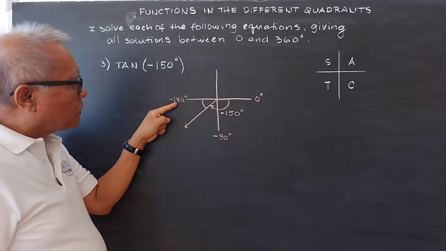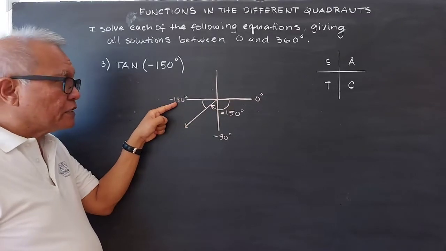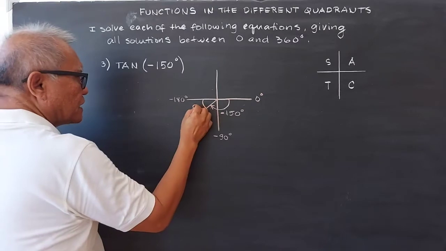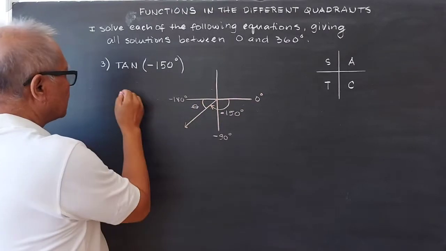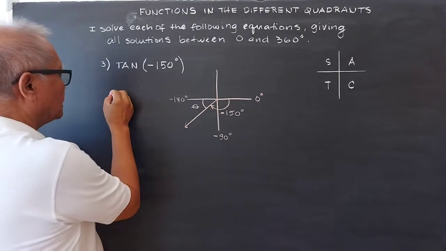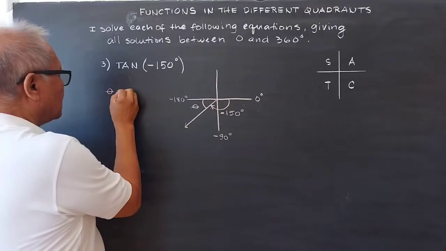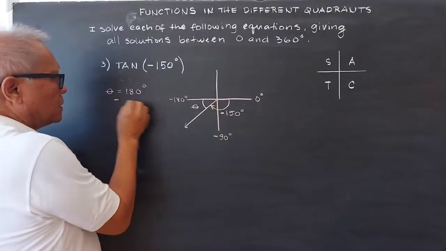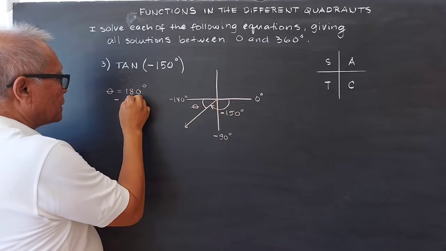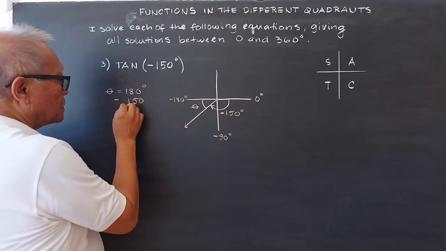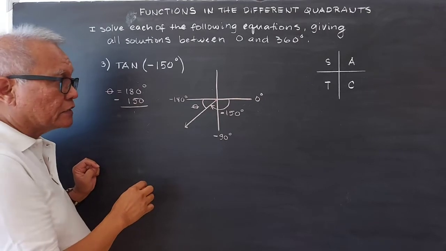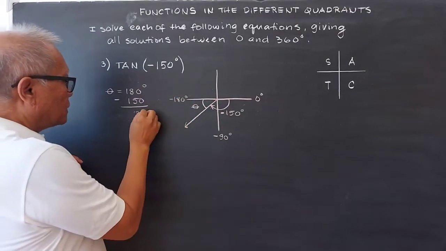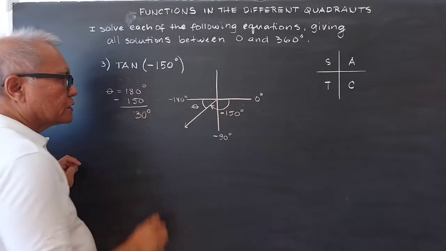That one is 180 degrees minus that 150. So this one is our angle theta. The related acute angle theta is equal to 180 degrees minus that 150. Just forget the signs. I'm just computing for the acute angle here, which is 30 degrees.